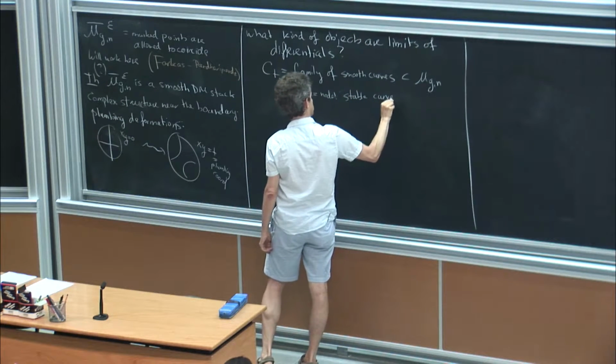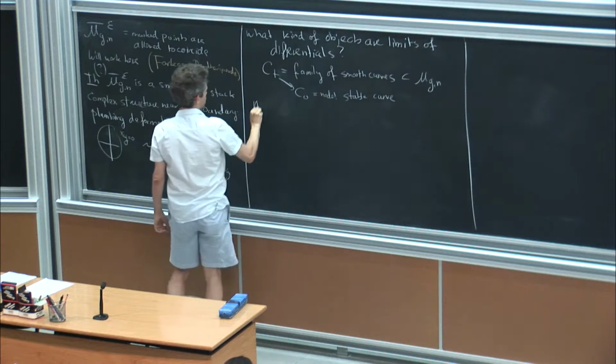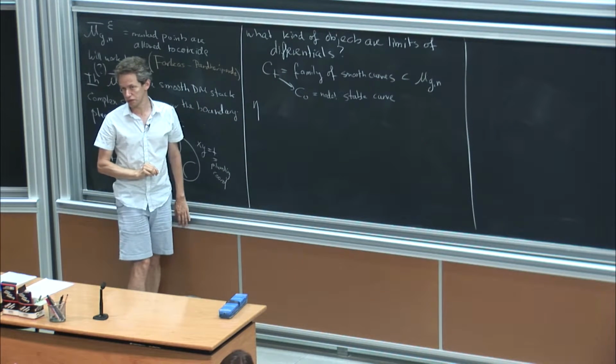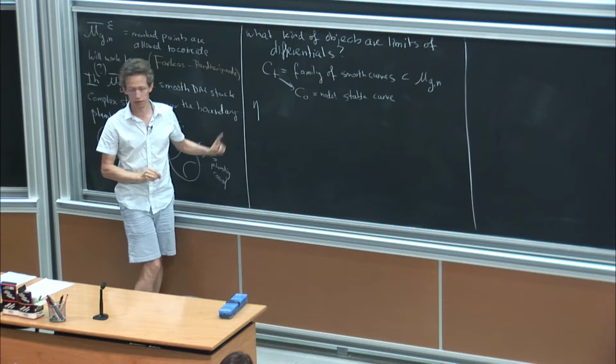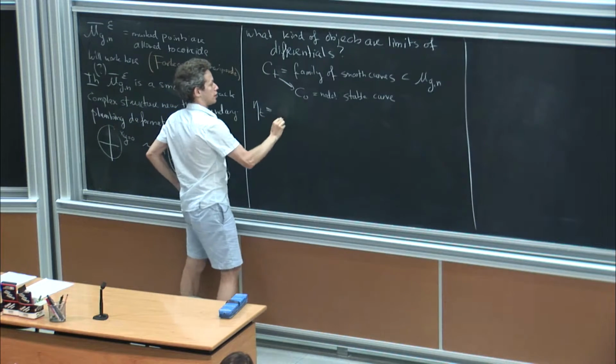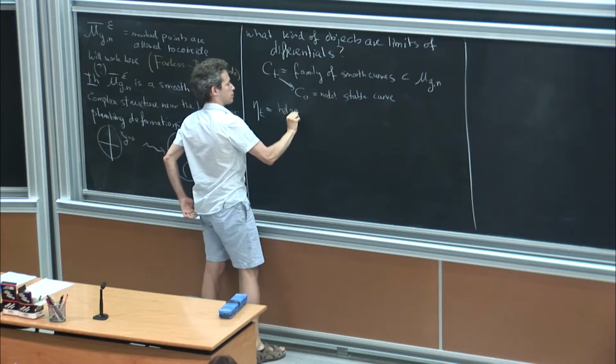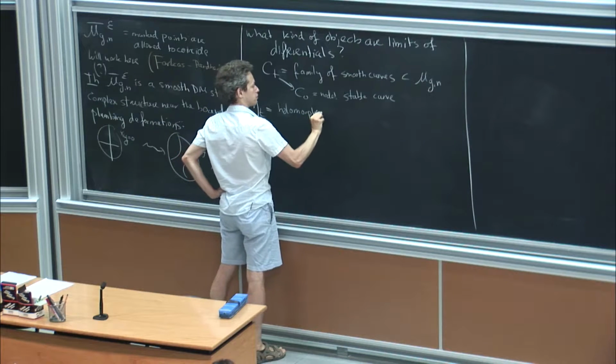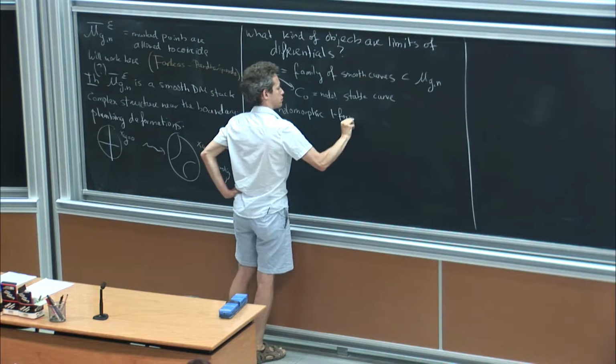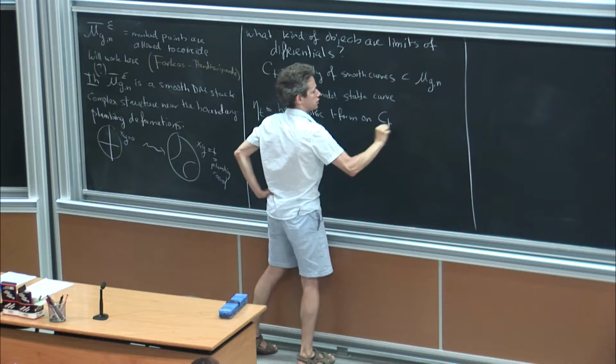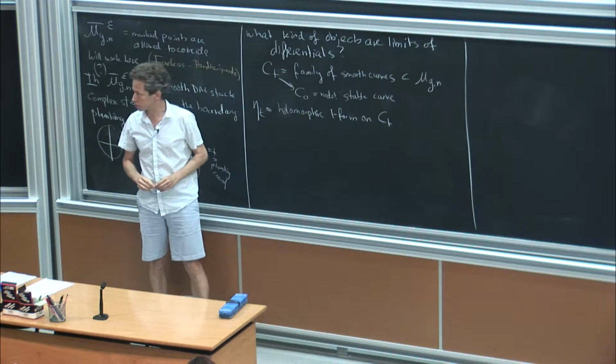Suppose, moreover, I'm sorry, I'll use eta. Is that okay for omega? So eta_t is a holomorphic one form on C_t. Maybe with prescribed zeros, as we'll see in a second.